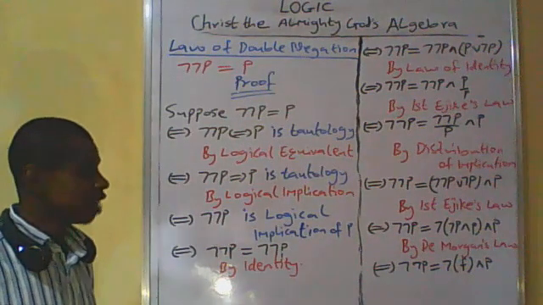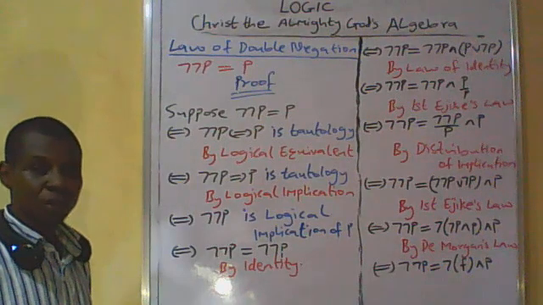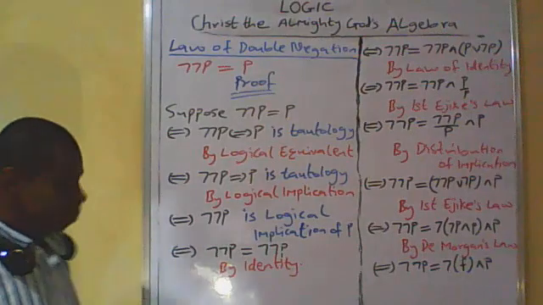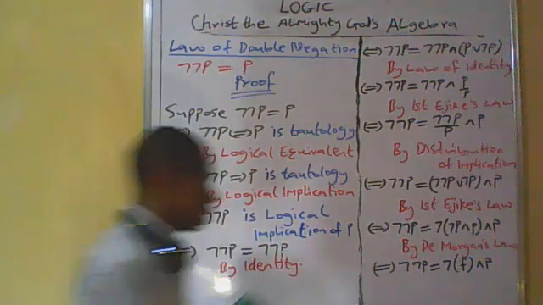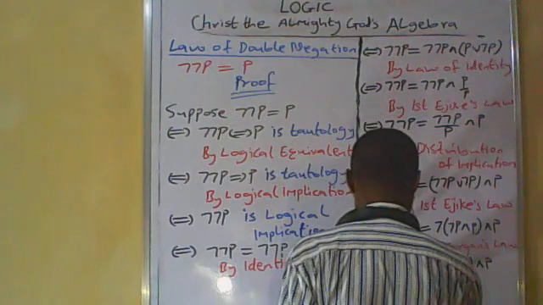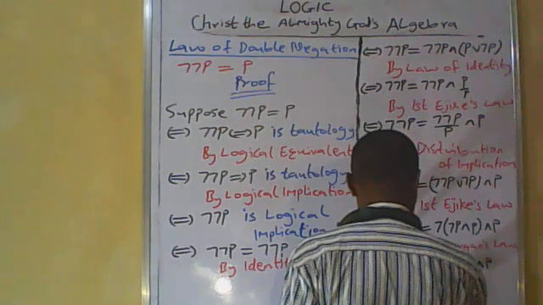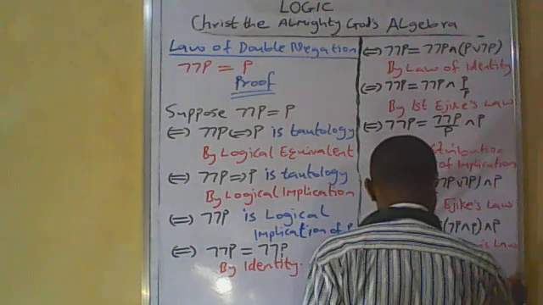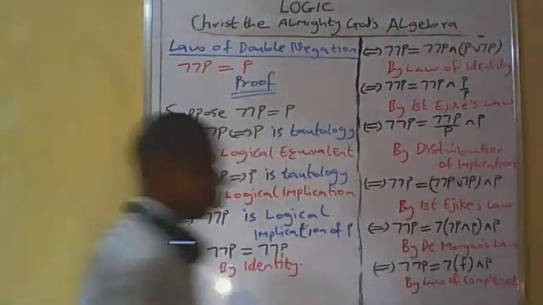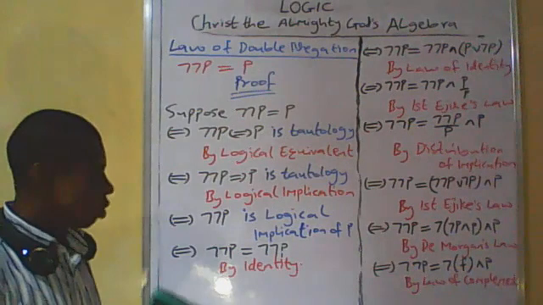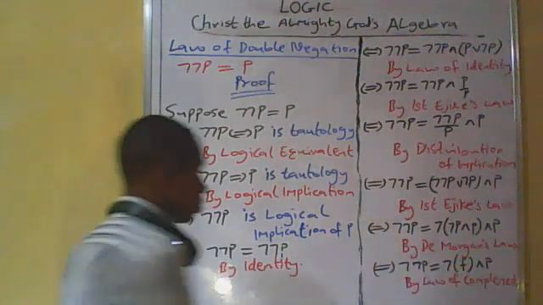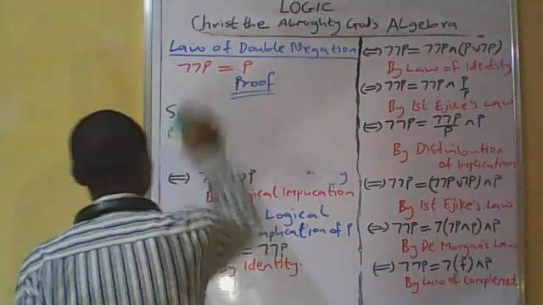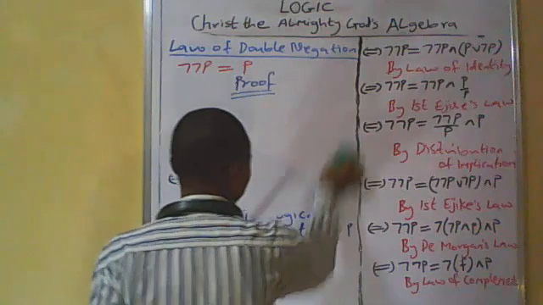Not P and P is equal to F by the law of complement, and both sides of the equation are still equal. So we justify it by the law of complement.